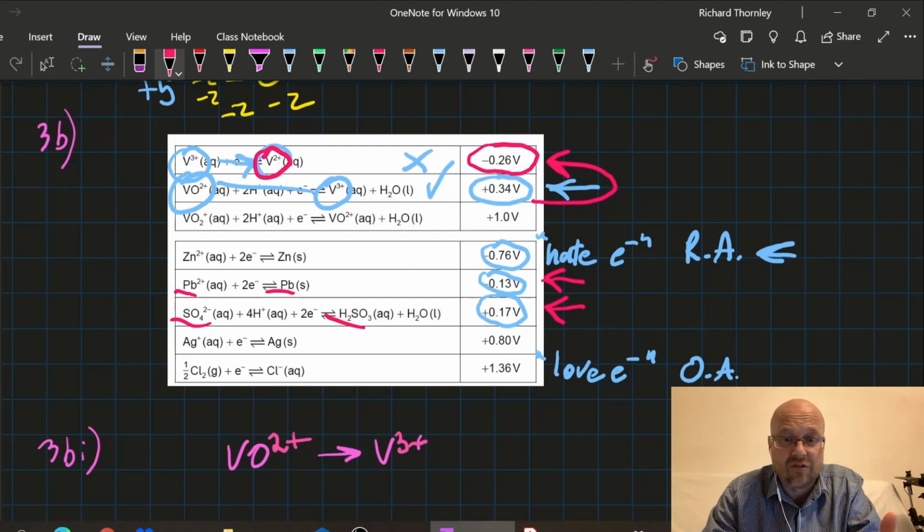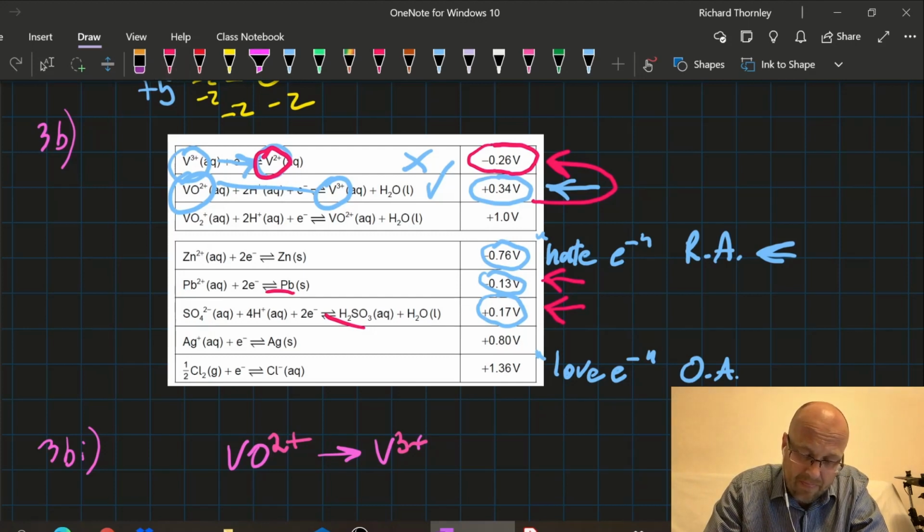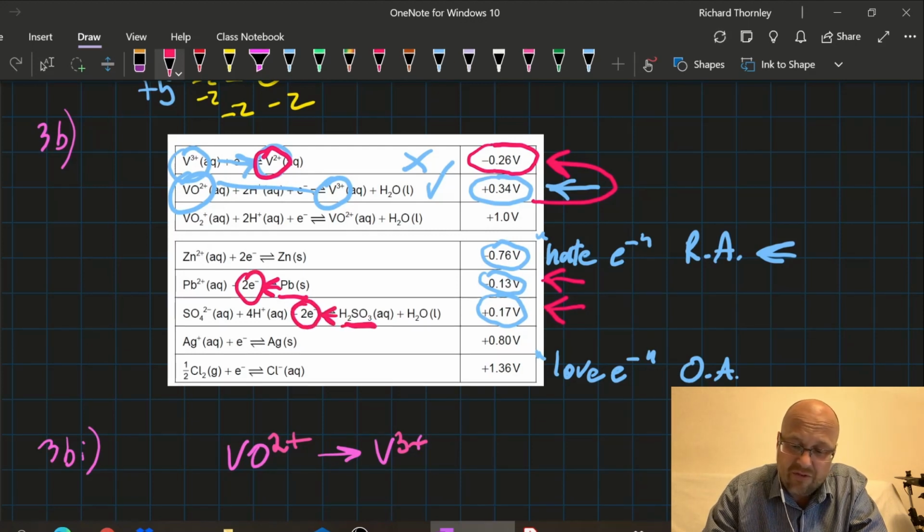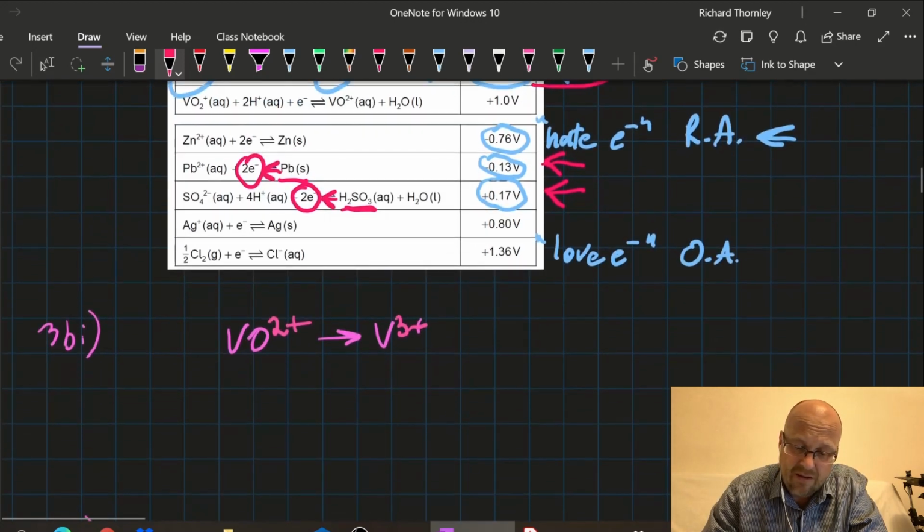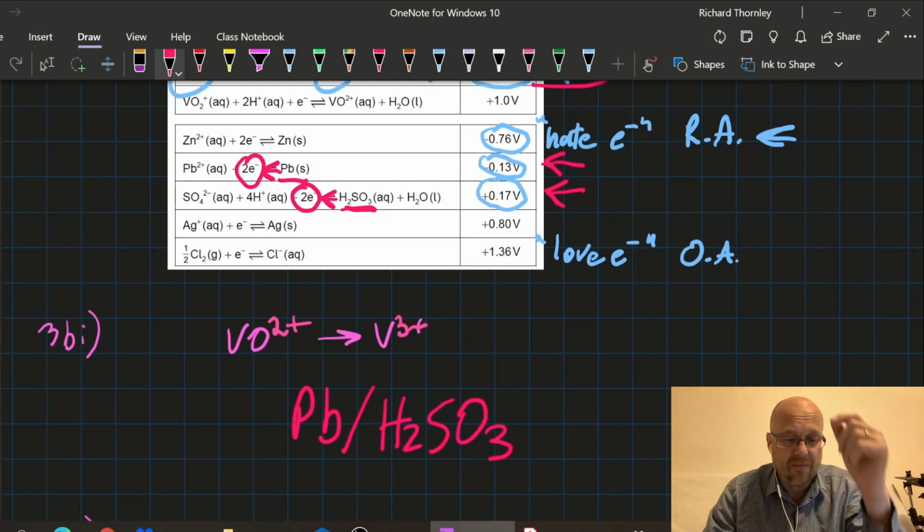Oxidation is loss of electrons, so which one is losing electrons? Well, it looks clear to me that the lead is losing those 2 electrons and the sulfurous acid is losing 2 electrons. So it's lead and sulfurous acid. Either of those 2 is the answer to that question.